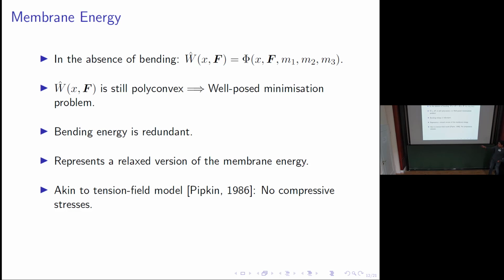And in general, in tension field theories, regions of compressive stress are just replaced by regions of zero stress. Whereas in actual experiments, you can have regions of compressive stress. So that would be a bad prediction. And of course, you can't get wrinkling in these kinds of models in the sense of Ball carrying over.